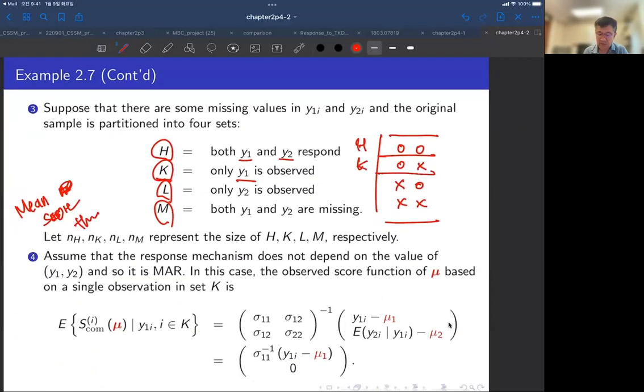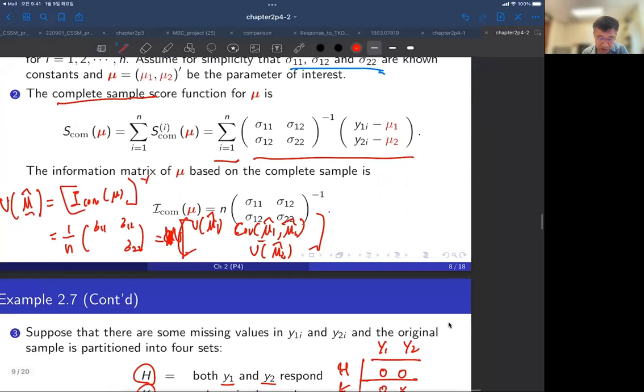And in the K set, we only observe Y1. So in the K set, we need to take the conditional expectation conditional on Y1, because in set K, Y1 is the only observed information.